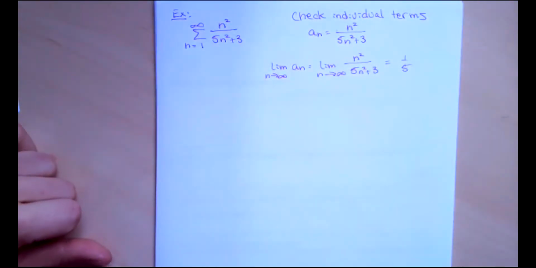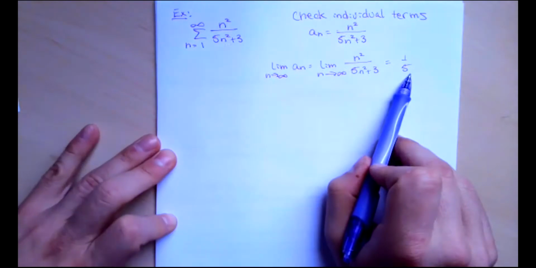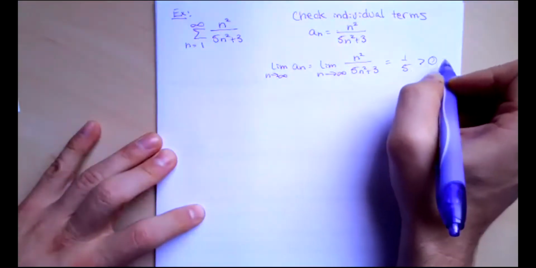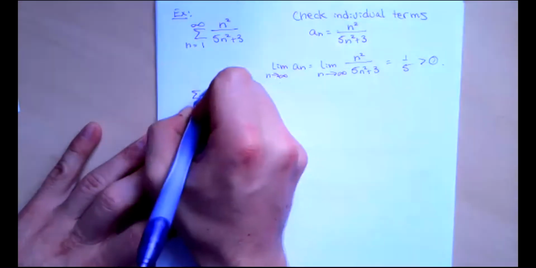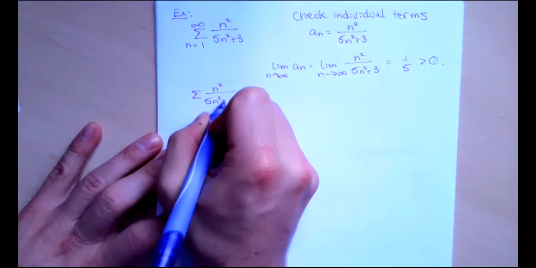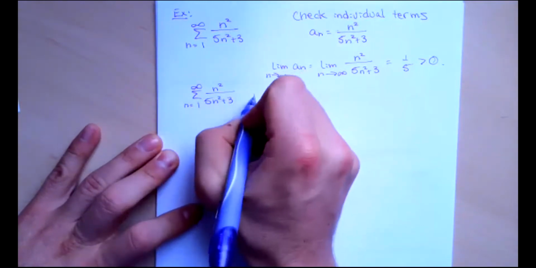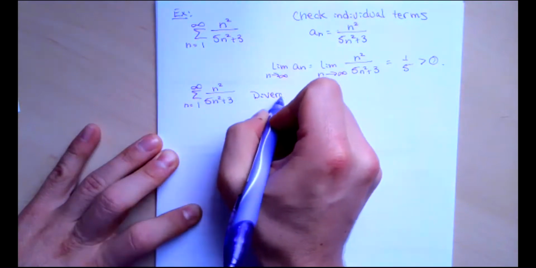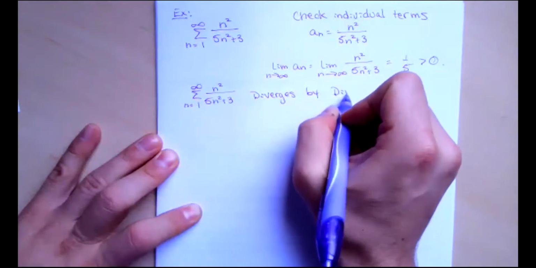What does that mean? If the individual terms don't go to 0, then the series diverges, by the divergence test.